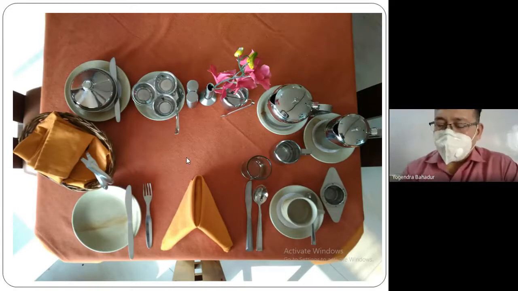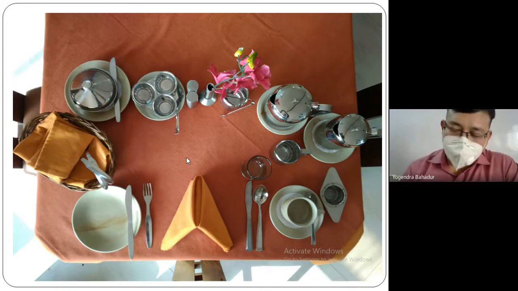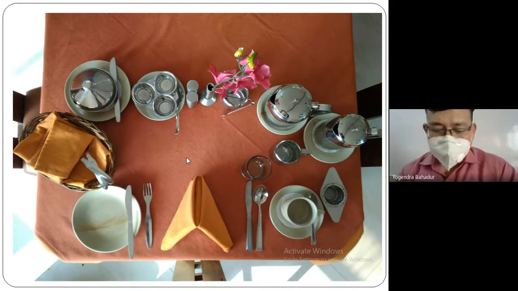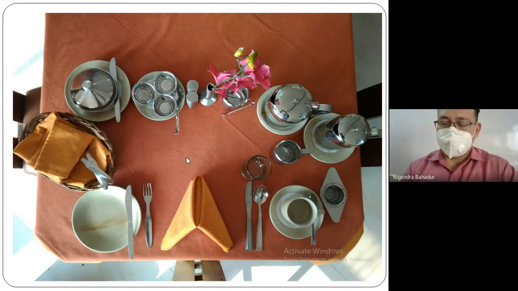First, we have removed the fish knife and fish fork, and we have replaced them with the AP spoon. AP stands for all purpose spoon.